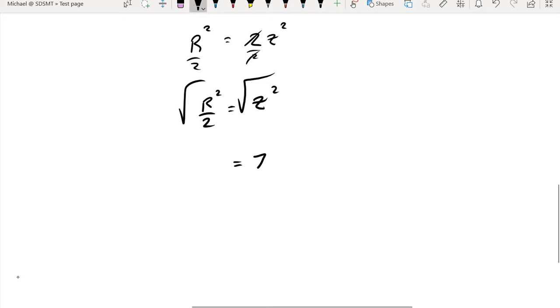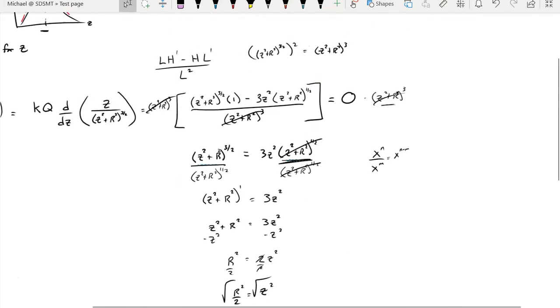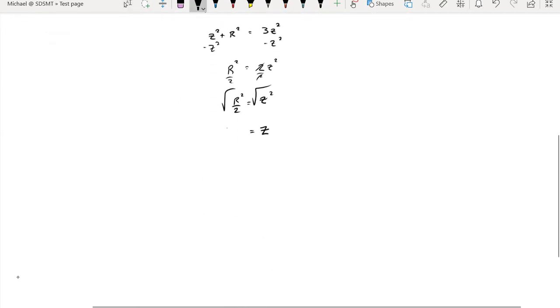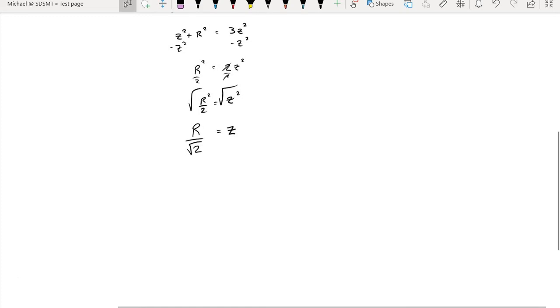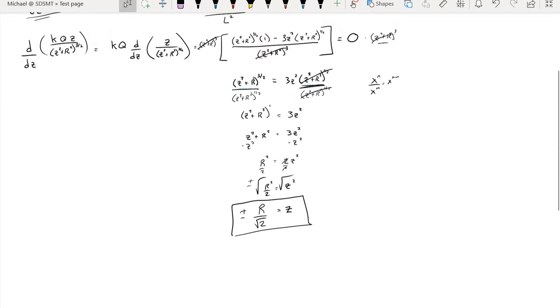And so z, the value of z, which will cause the derivative to equal 0, occurs at r over root 2. And keep in mind that anytime we have a square root, we have a plus minus as a consequence, and so our answer will be plus or minus r over root 2.